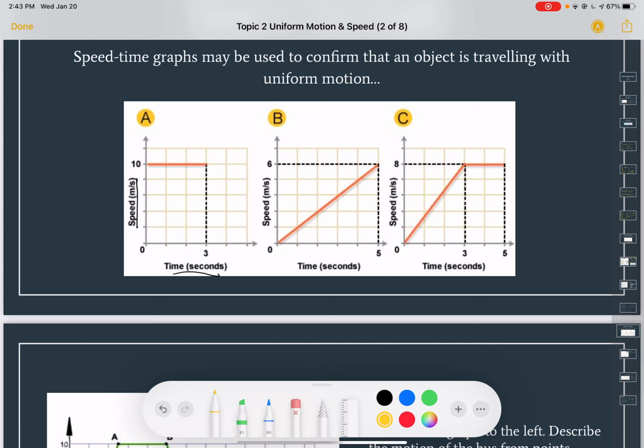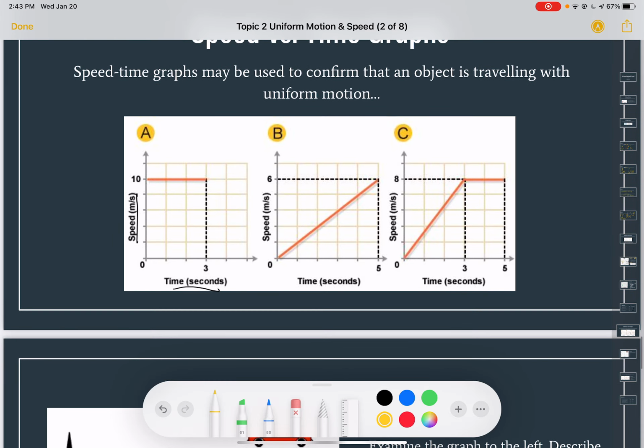So our job here is looking at these graphs. We can tell whether something, I guess, is going at a constant speed, is speeding up, slowing down, that sort of stuff. So in this case, if the line is straight on these types of graphs, that means that they are going at a constant speed.